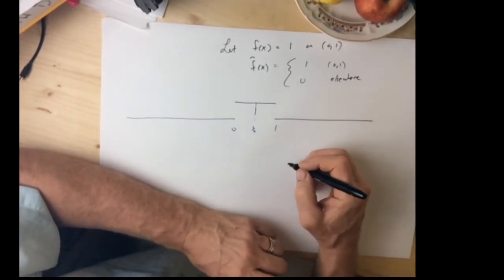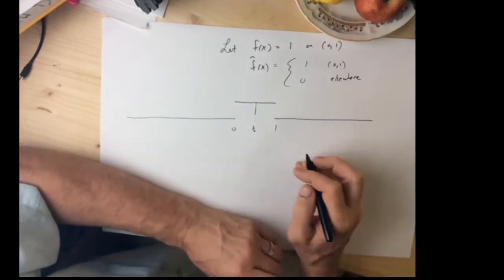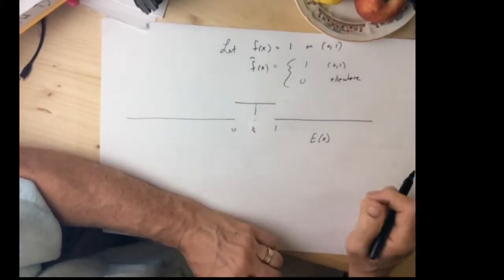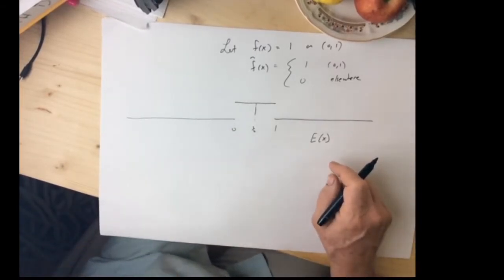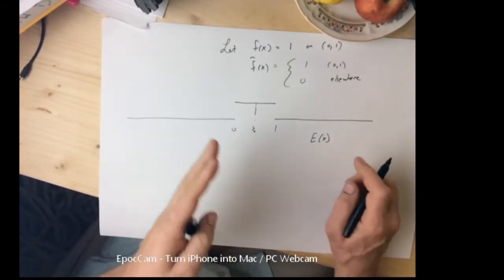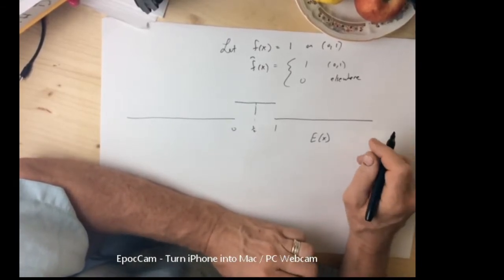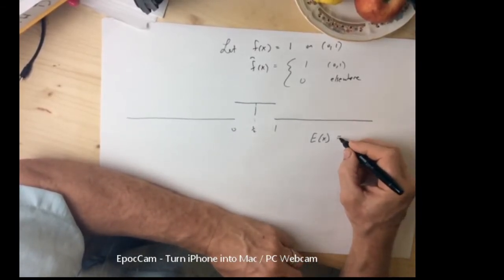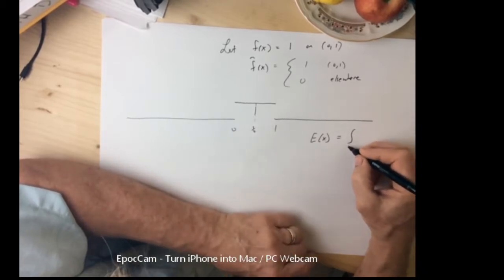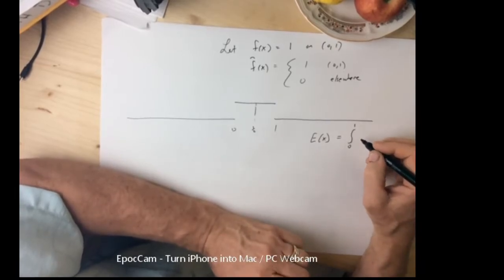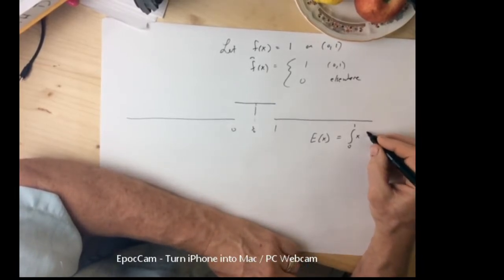Let's see if we can guess at what the expectation of x might look like if we had the definition that it is done by x f of x, by integration. So what happens if we do this? If we do the integral covering all values of x in the sample space of x times f of x dx.